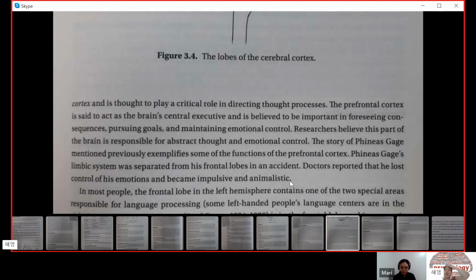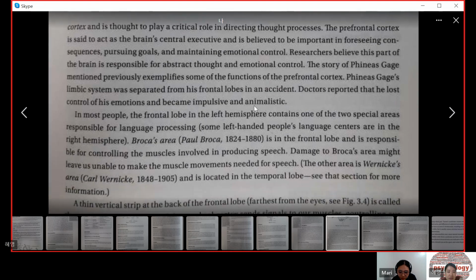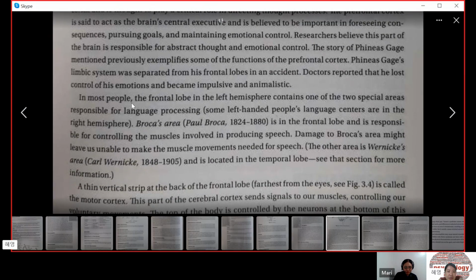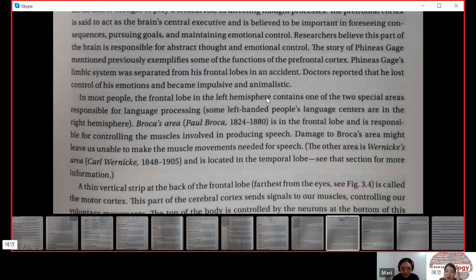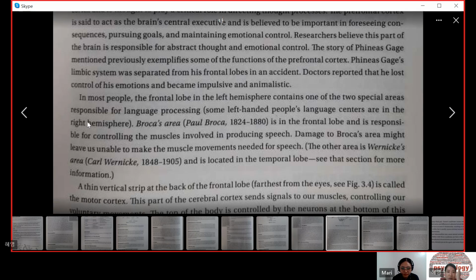So these frontal lobes make humans more humanistic. In most people, the frontal lobe in the left hemisphere contains one of the two areas responsible for language processing.